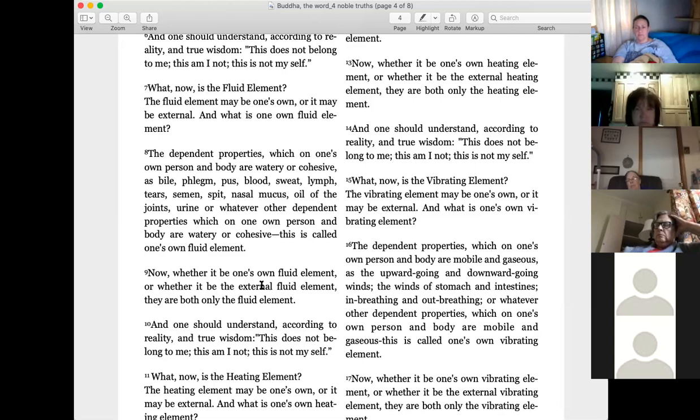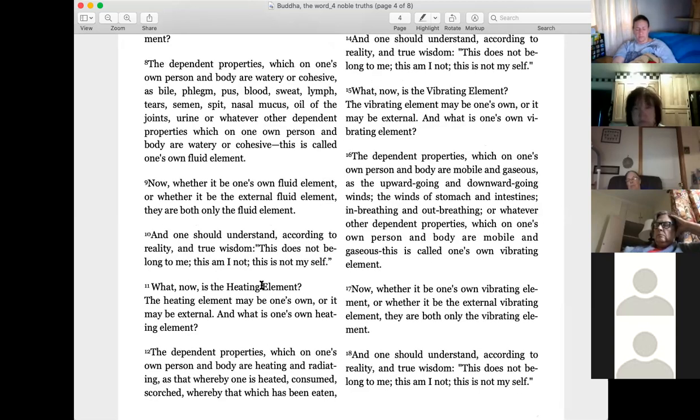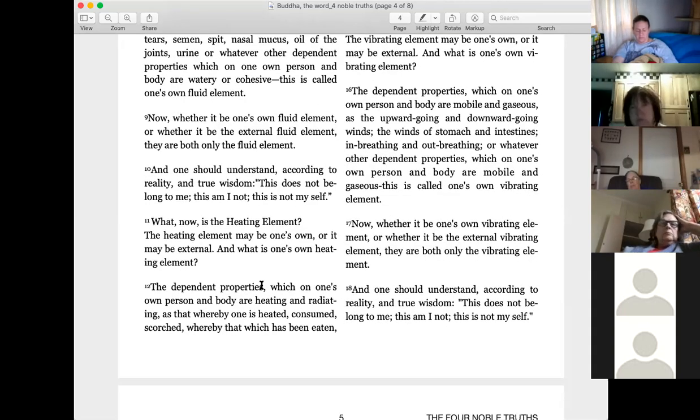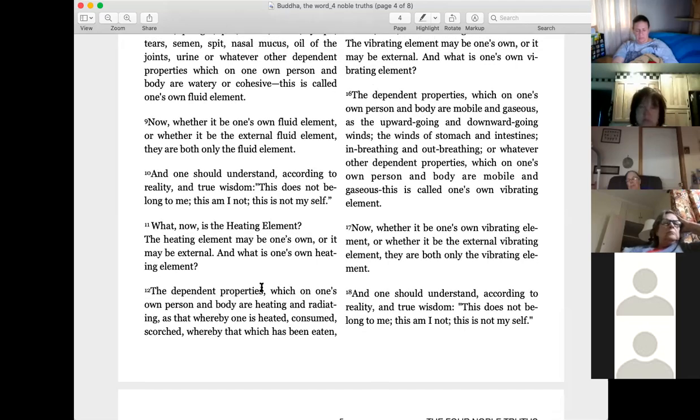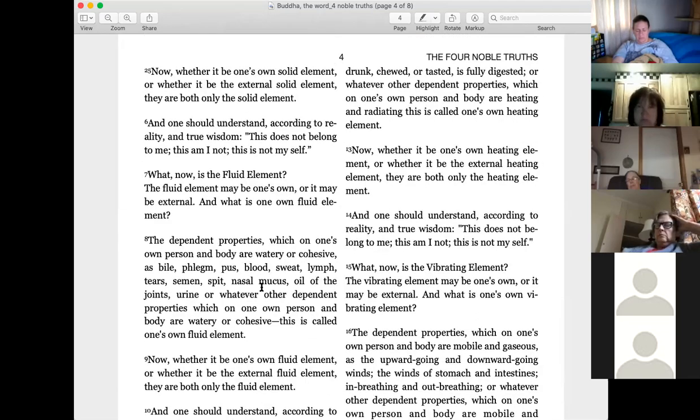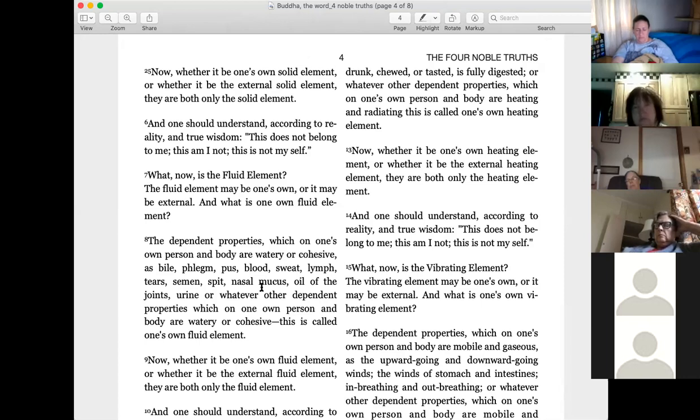So it goes through all of the different aspects. So with the heating element or fire element, we think of the energy of the digestion, the ability for the blood to be moved through the body and heat the body with the beating of the heart. All of those elements are related to the fire or the heating element.